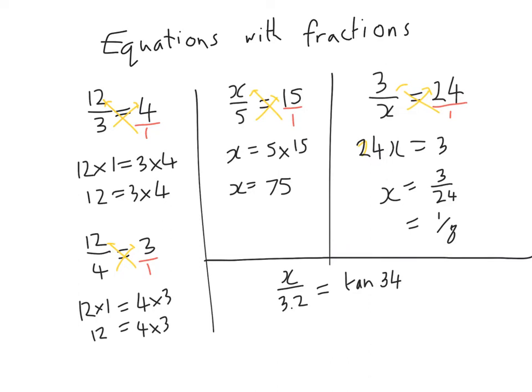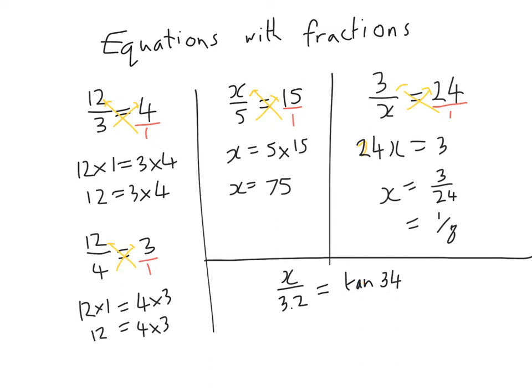Okay, now that actually is the same as the example above, same format. We've got an unknown x divided by a number, albeit 3.2 instead of 5, and on the right hand side we've got 15 on this one, but here we've got tan 34. Tan 34 is also just a number.